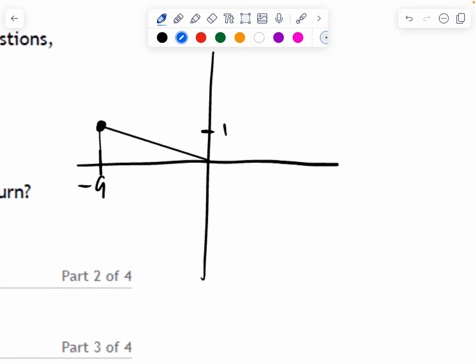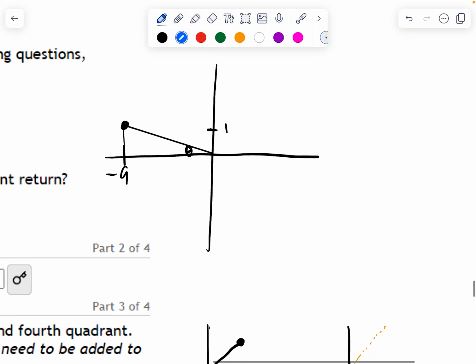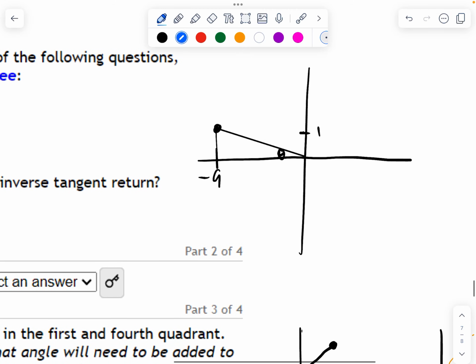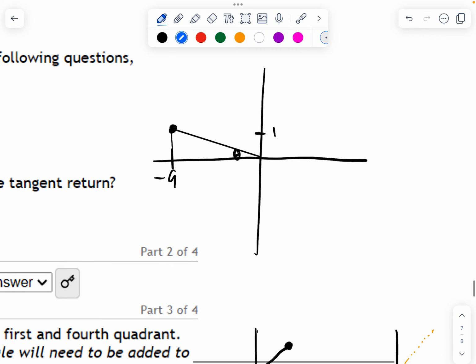So when we're using inverse tangent, the angle that we're looking for is the angle inside of the triangle. The reason why we're using inverse tangent is that when you graph the complex number, negative 9 comma 1, you end up in the second quadrant. You've gone left 9, you've gone up 1.